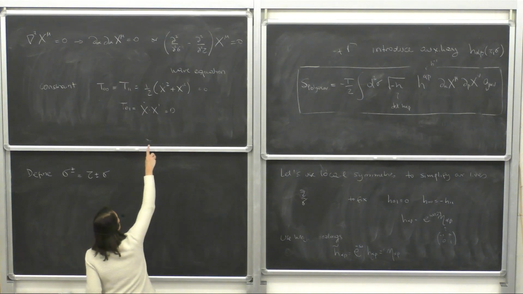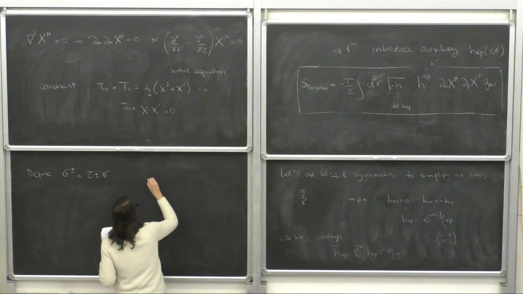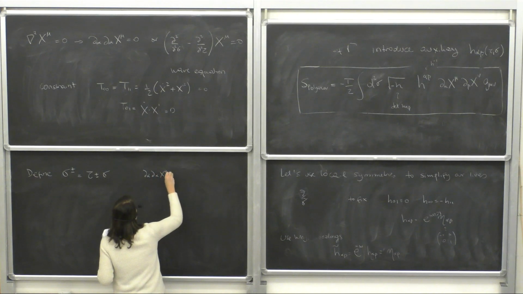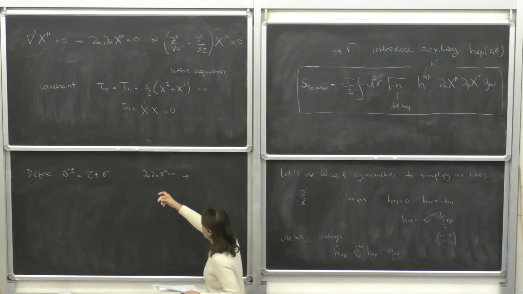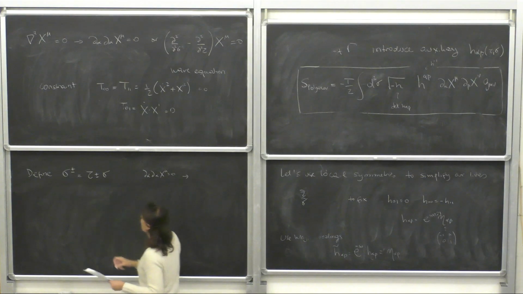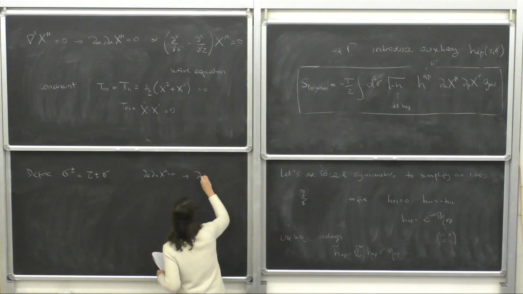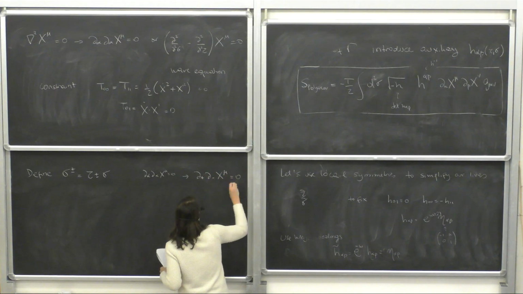So the wave equation, d alpha d alpha x mu equals 0, this becomes, or just saying that the eta alpha beta in plus minus coordinates has only plus minus components, d plus d minus x mu equals 0.